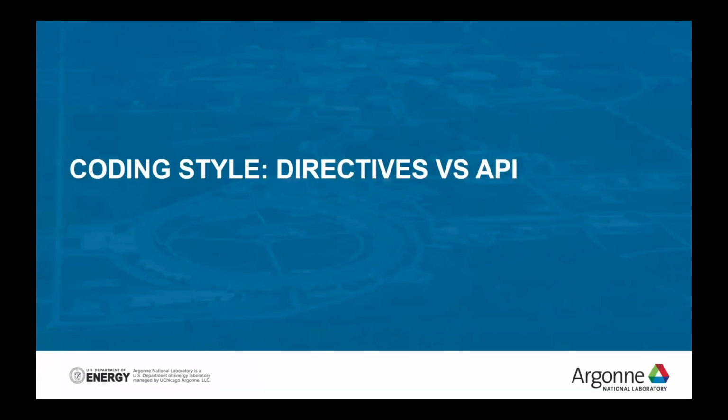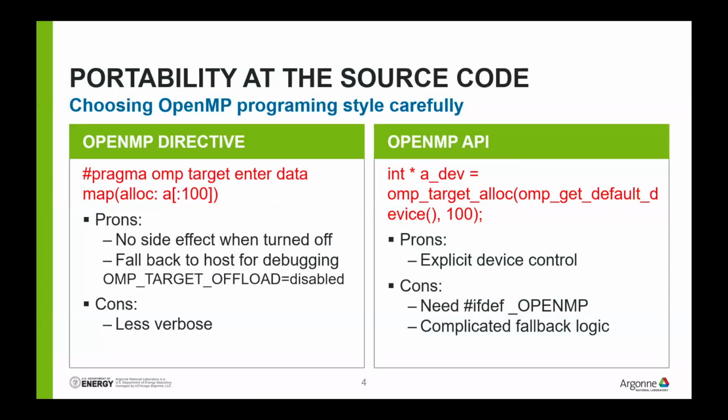Okay, so choosing between styles. The OpenMP programming model itself is portable, but it gives you a bit of flexibility to choose what programming style you can use. On the left side, you can program with purely directives. The example I give you is just to allocate data on the device.